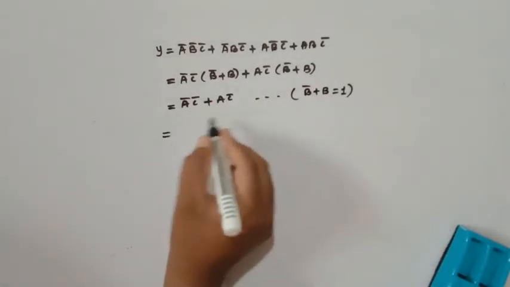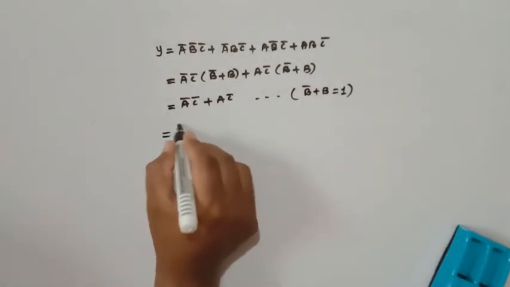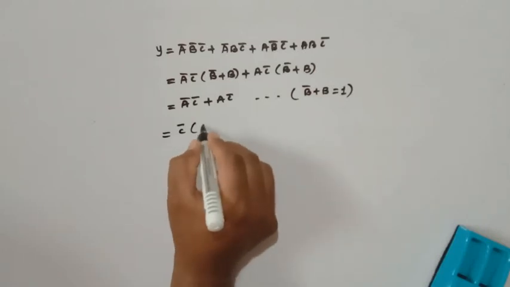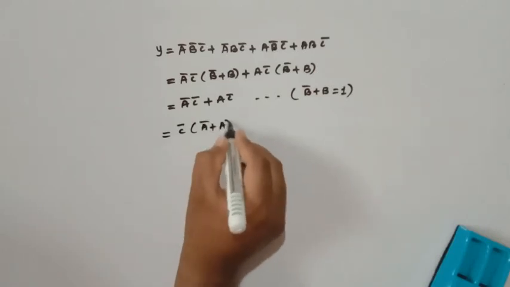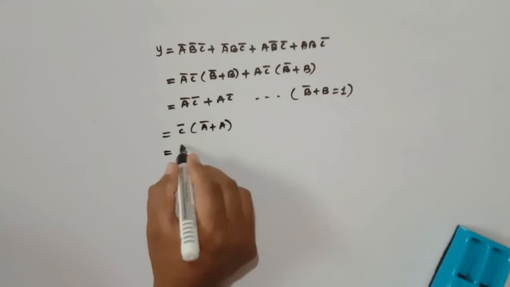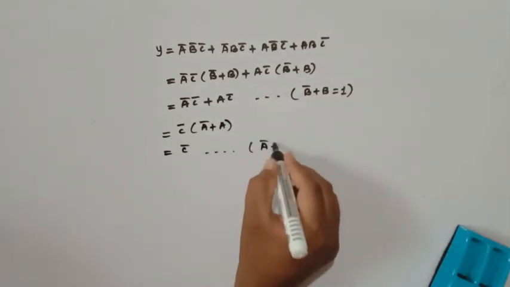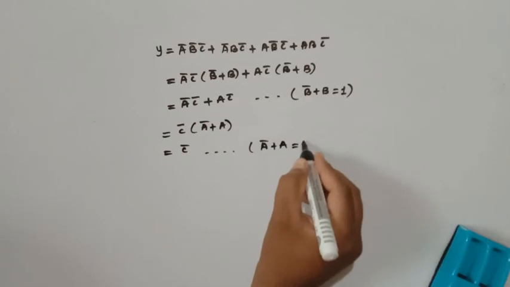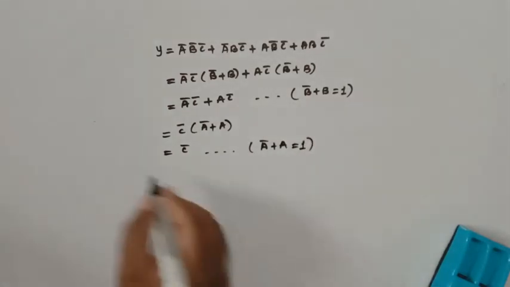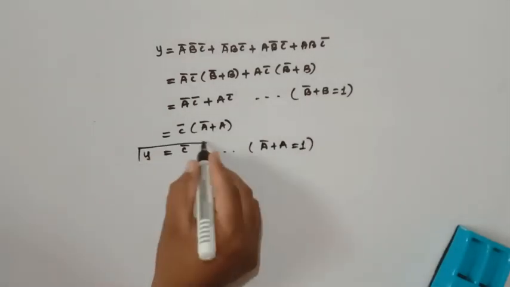Again, if we take c bar common, we get the equation a bar + a. Again a bar + a is nothing but 1. So we get the equation y = c bar.